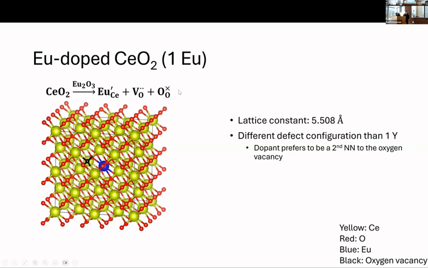But what's interesting when we compare this defect reaction to the corresponding one with the yttrium is that the dopant and vacancy prefer to be situated differently. If you remember in the 1Y, the oxygen vacancy wanted to be bound to the dopant site, and in this case, the oxygen vacancy prefers to be a second nearest neighbor.